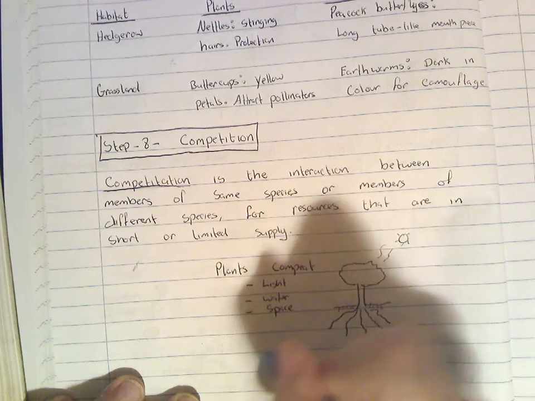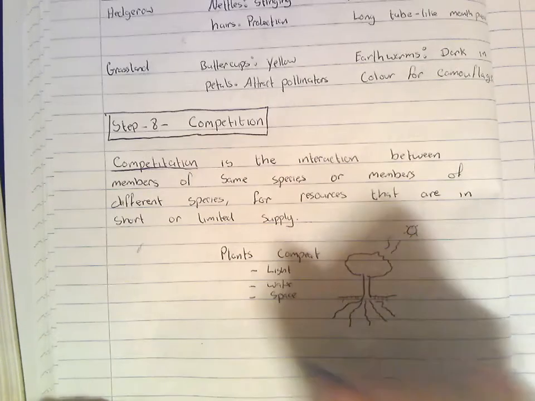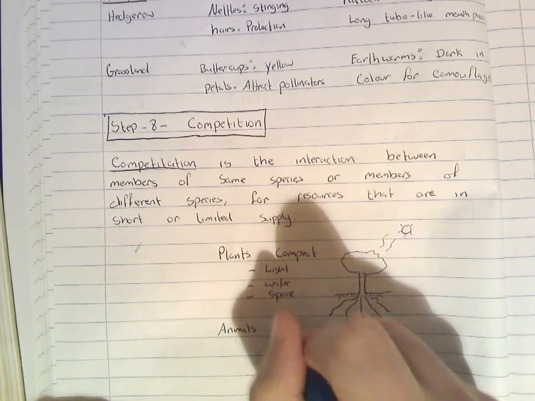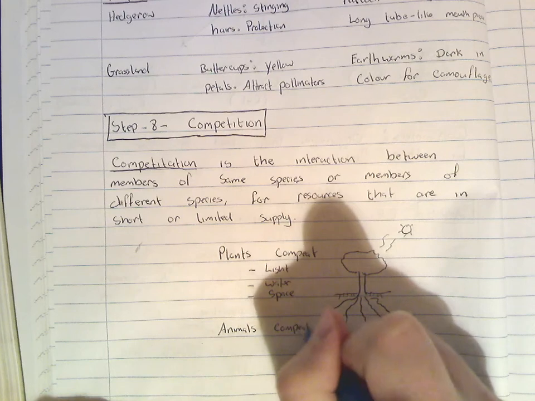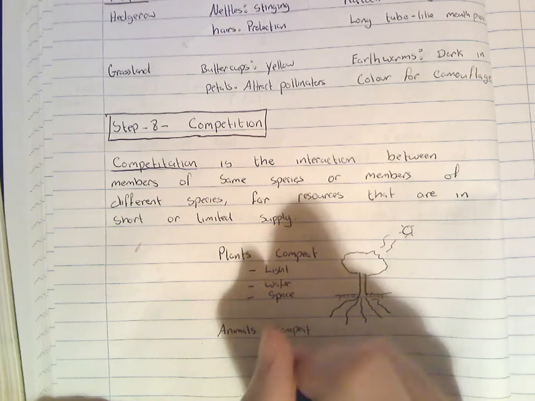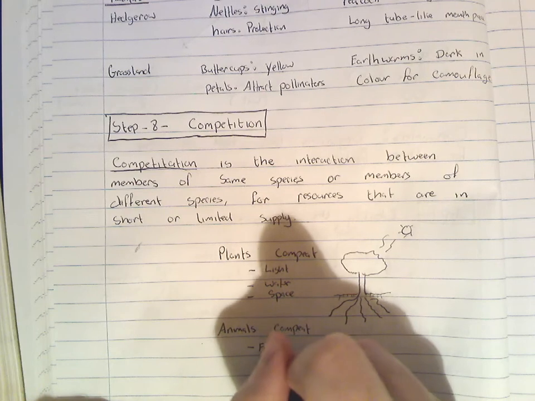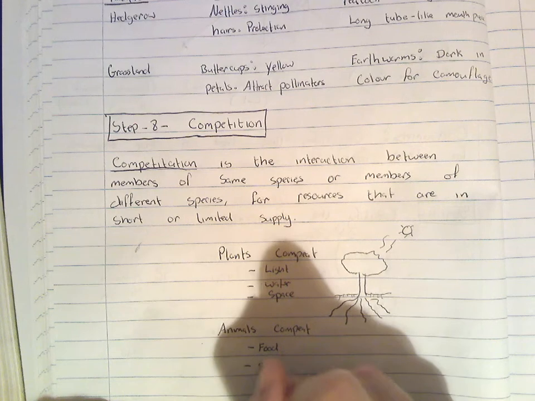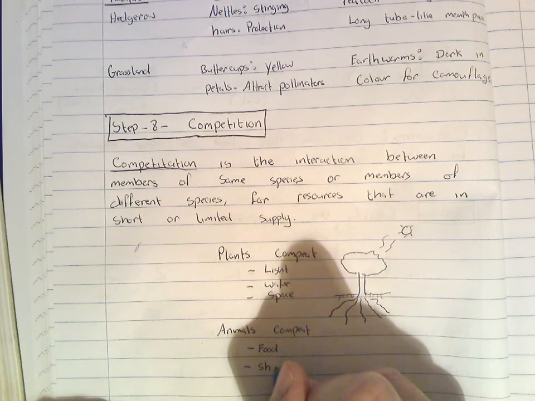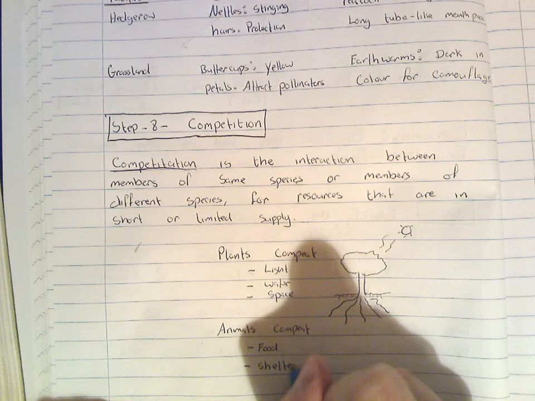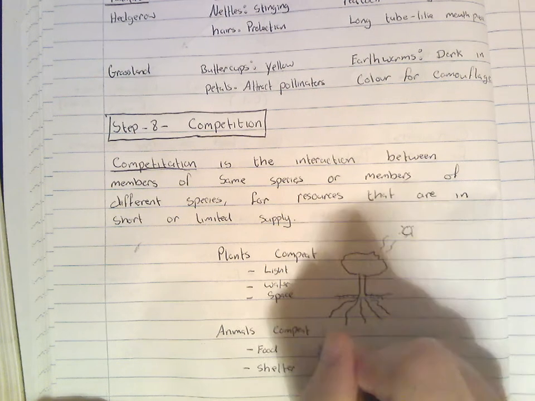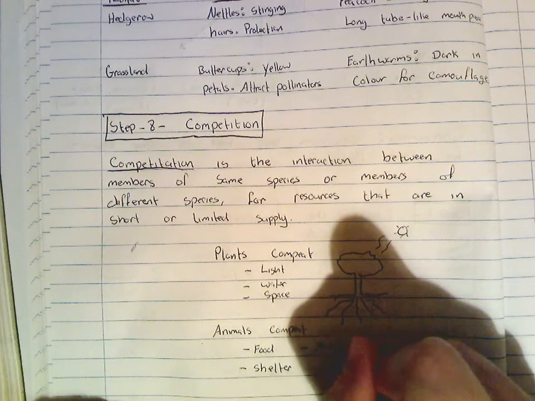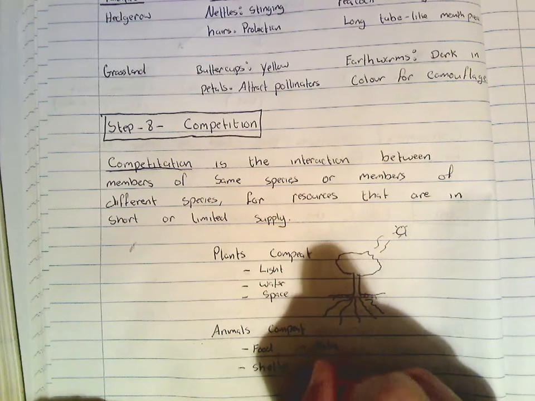Animals are also going to compete with each other. And what are animals going to compete for? They're going to compete for food, shelter, mates, and territory as well.